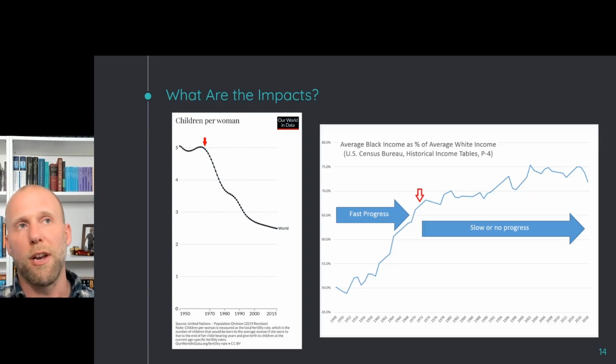And something else that's related to what I said earlier about inflation benefiting, or not as much impacting, those who own assets is you can look at racial disparities in the US. So once you start to remove discriminatory laws, you see this fast progress of the Black communities starting to catch up in terms of their average income with white families.